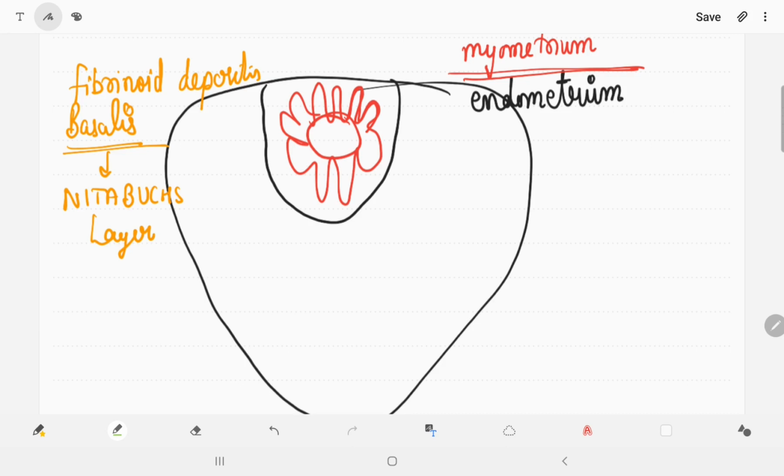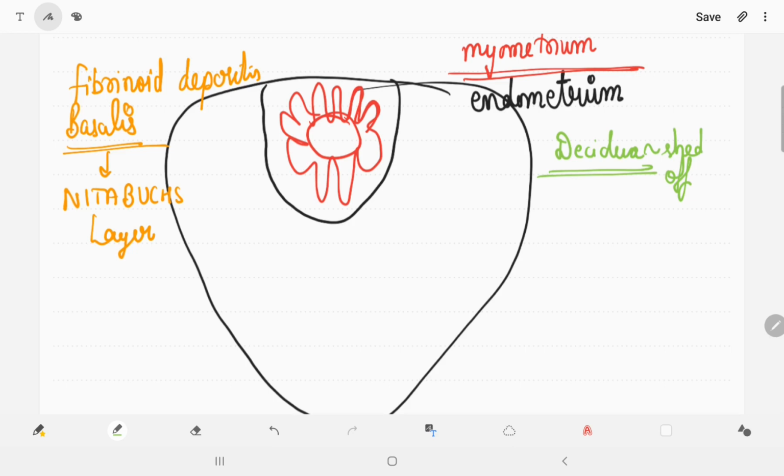Now once fertilization has occurred and implantation has occurred, my endometrium can be called a decidua, right? So decidua is nothing but a pregnant uterus. Decidua literally means to shed off. So after pregnancy this will shed off, okay? So I call it decidua.